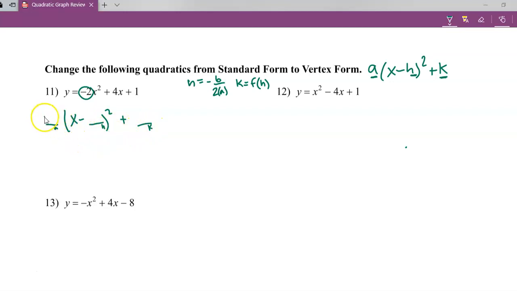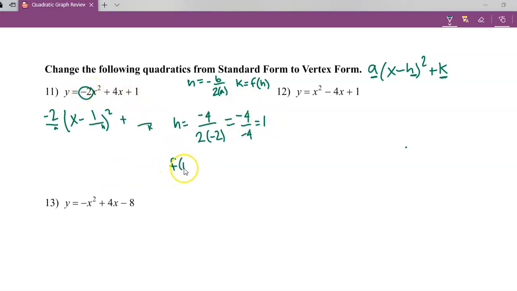A is equal to negative 2. H is equal to negative b, so that'd be negative 4, over 2 times a, which is negative 2. Remember, evaluate the bottom before you divide. So this would be negative 4 divided by negative 4, which is 1. So I'll put a 1 there. Then that 1 is going to be plugged back into the function, the function being the original here.